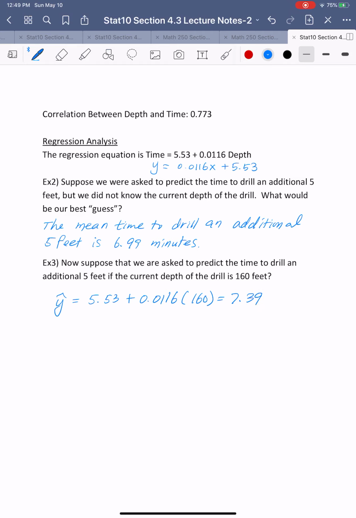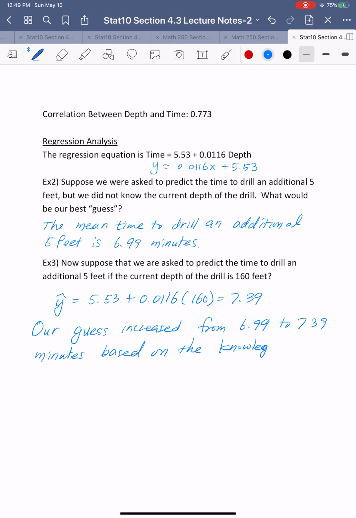This means the time increased from 6.99 as an average to 7.39, based on the knowledge that drill depth is positively associated with drill time.